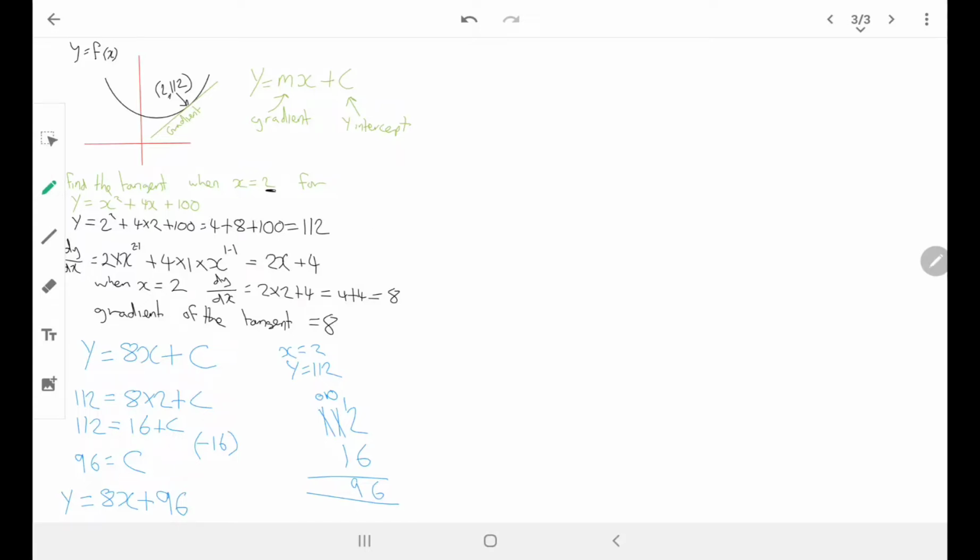Once you've got the gradient and the value of y, you can then plug into y equals mx plus c style, y equals 8x plus c. You then substitute in the 2 and the 112 to work out what c is. And that then gives you your final answer of y equals 8x plus 96.